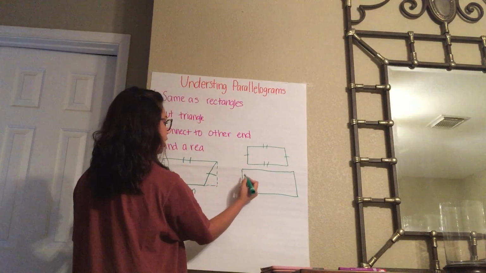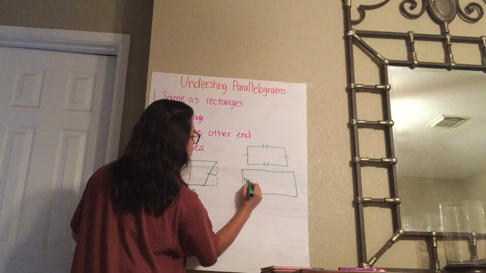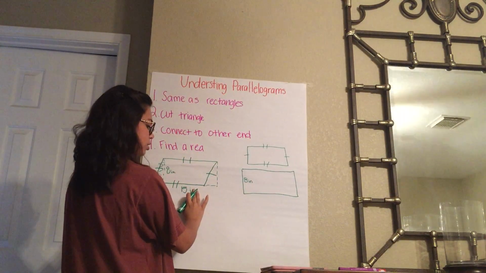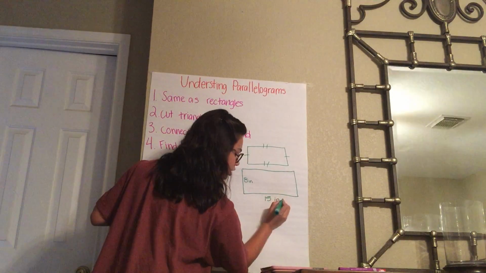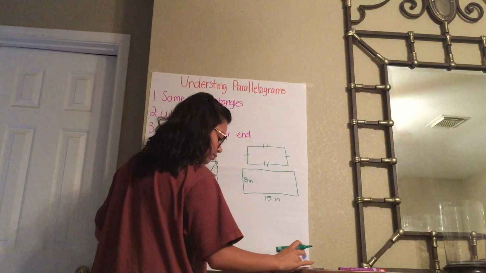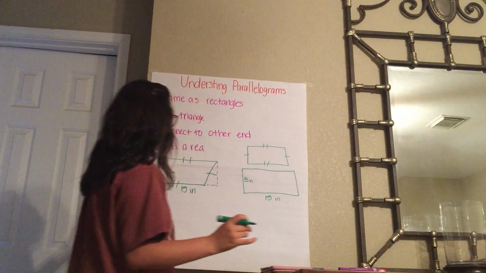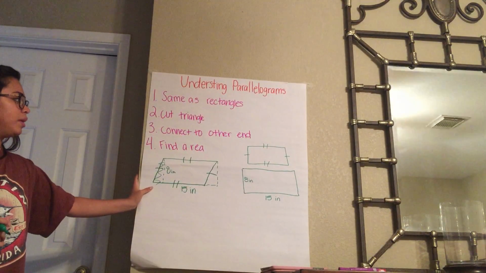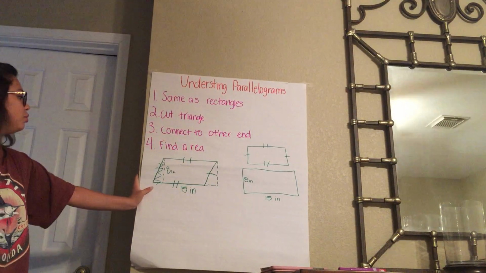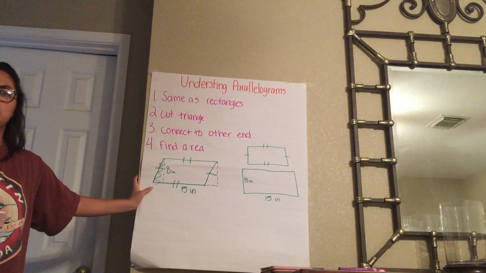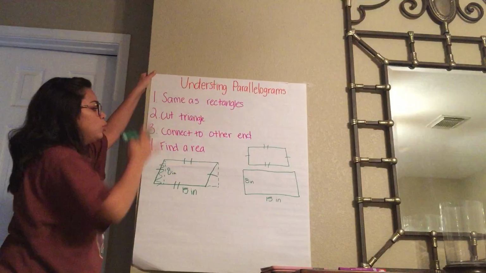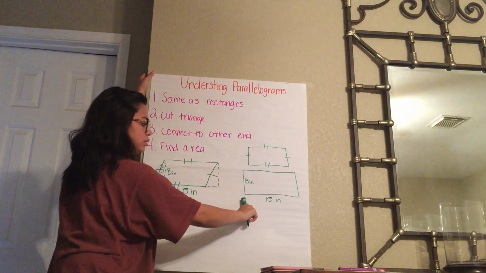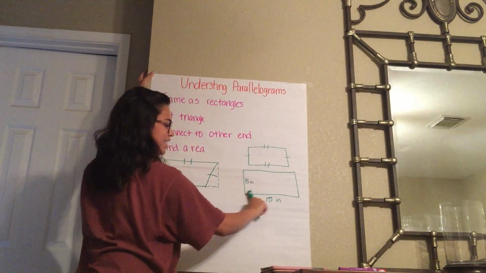Rectangle with a height of 8 inches and a length of 15 inches. Okay, and then the last step is to find the area. Just like you would find the area for any simple rectangle, you would multiply length times height, or height times length.